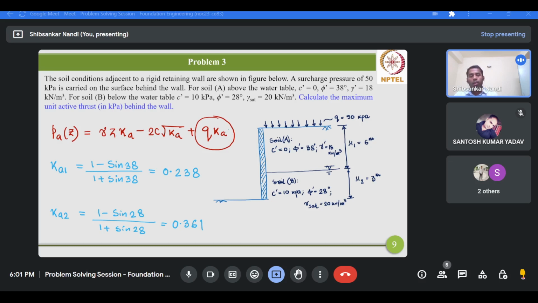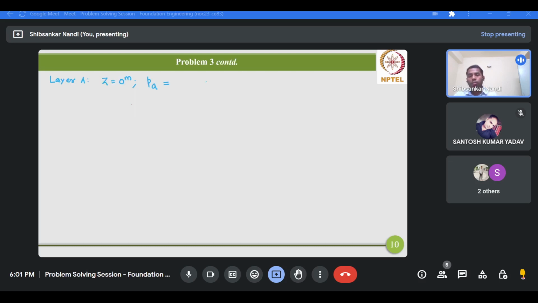So there will be only the third component, that is Q times KA1. So Q is 50 multiplied by 0.238, so 11.9.